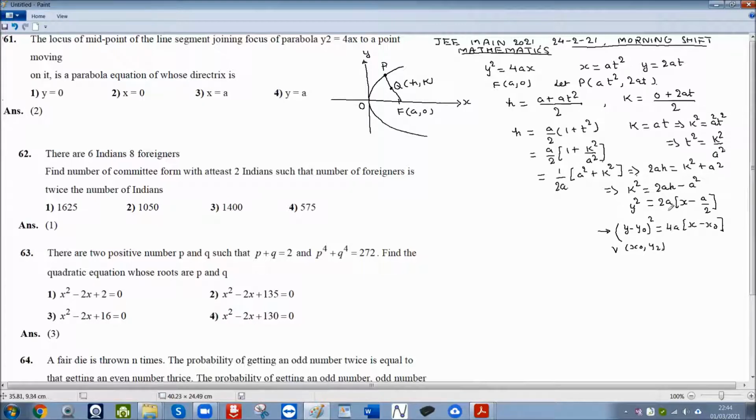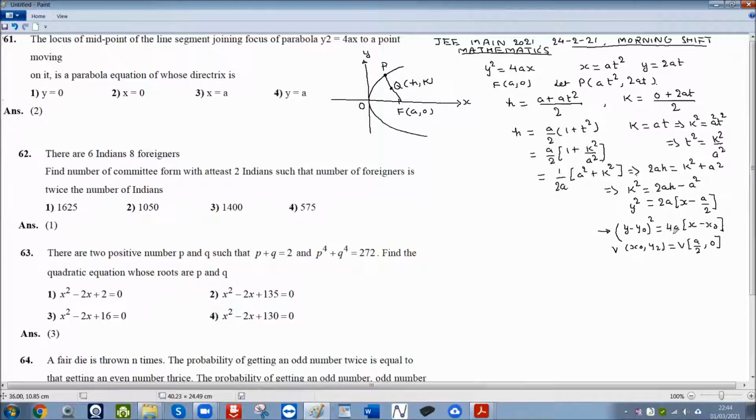So comparing these two, we can see that the vertex has been shifted to x naught becomes a by 2, comma 0.